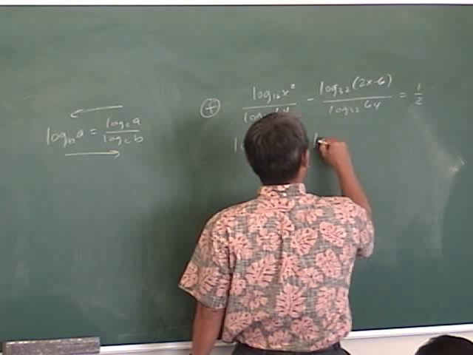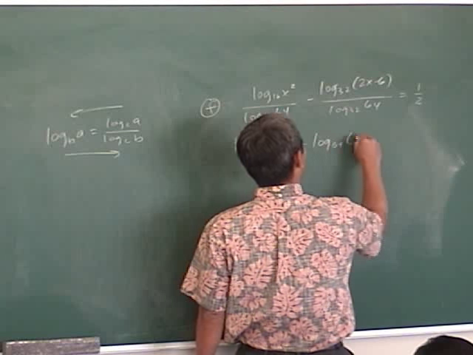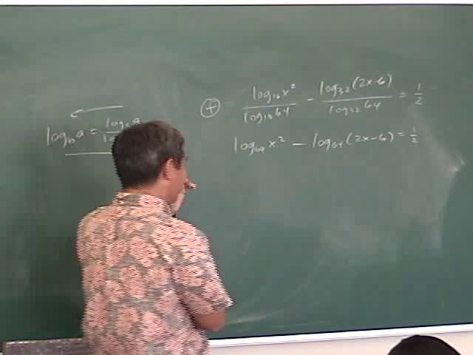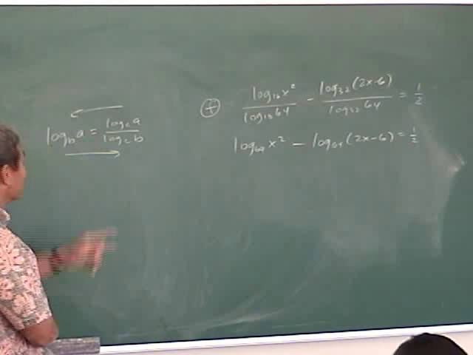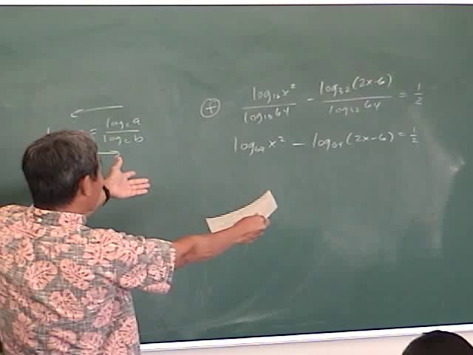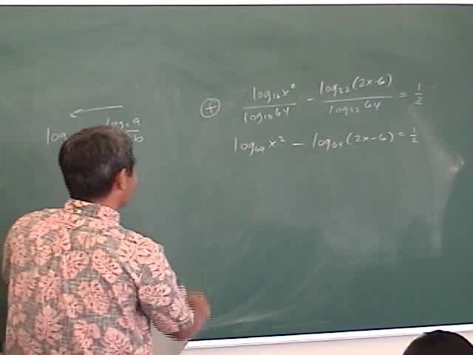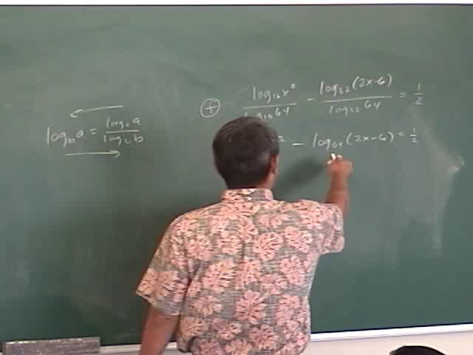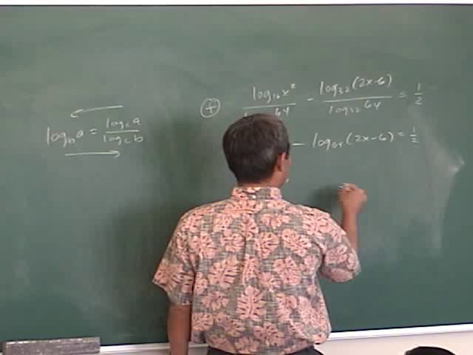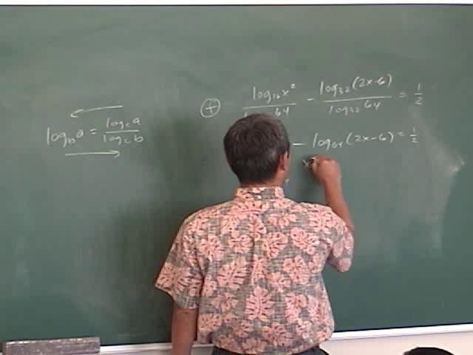This is log base 64 of 2x minus 6. And then now look, they're both base 64. Now it's so easy. This is like today's quiz. So now you just use your properties of logarithms. So when you subtract, you're going to divide the arguments.